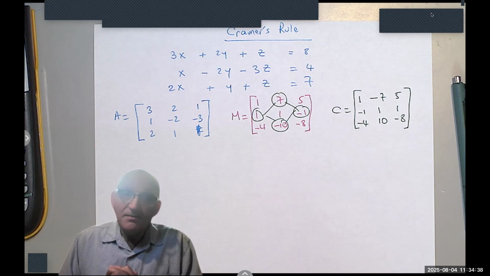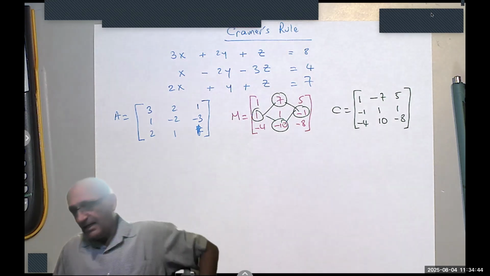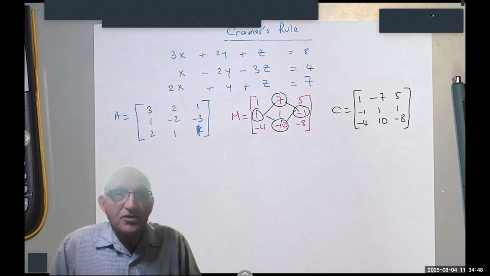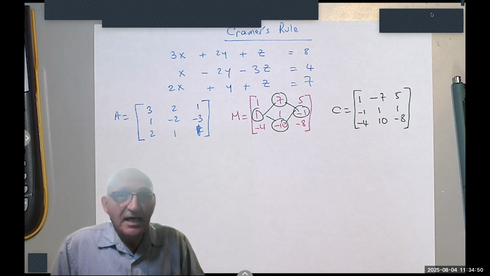Remember we said we can multiply any row or column by the corresponding row or column of cofactors, and we should get the same result. Let's see if we did these correctly.